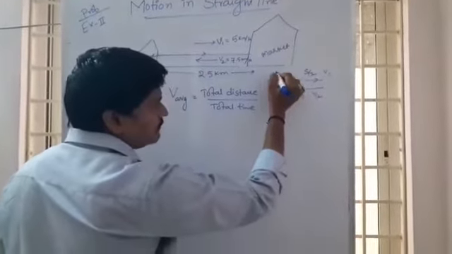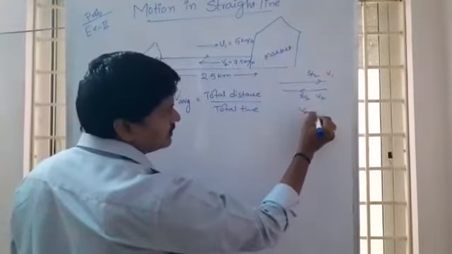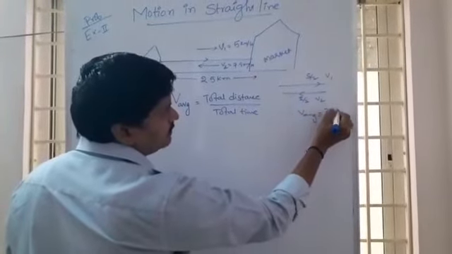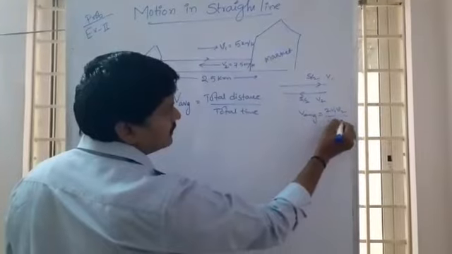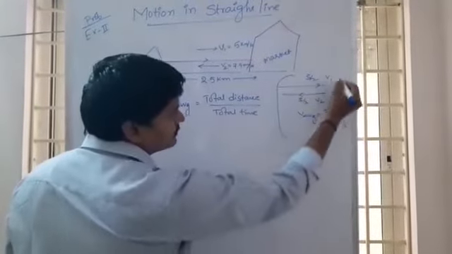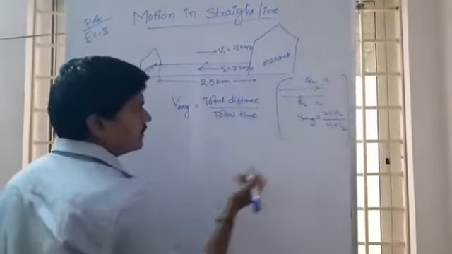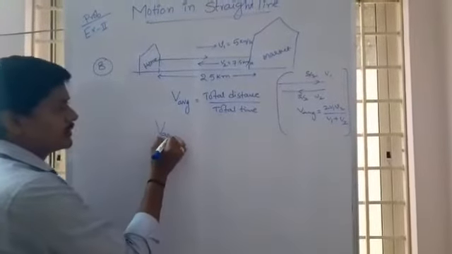Then the average speed formula is known as 2 V1 V2 divided by V1 plus V2. The same formula we can apply here.